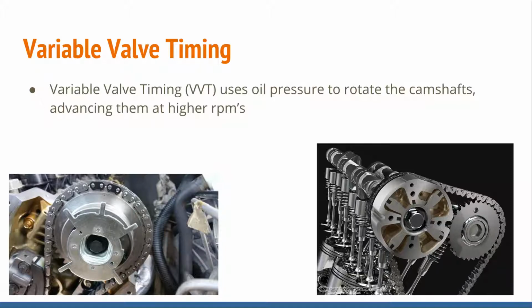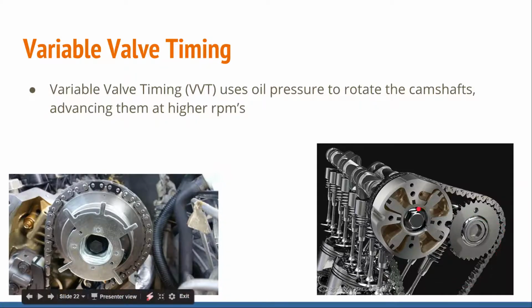So if you want an engine that's really efficient at high RPMs, you're going to want a camshaft that is advanced a bit. If you want an engine that makes good power at low RPMs, you want your camshaft to be retarded. So that's kind of the theory behind VVT.